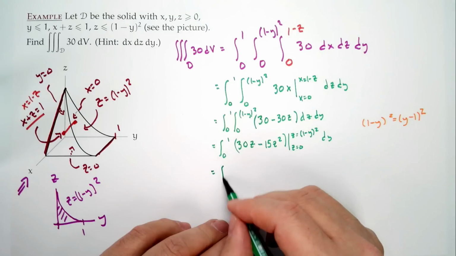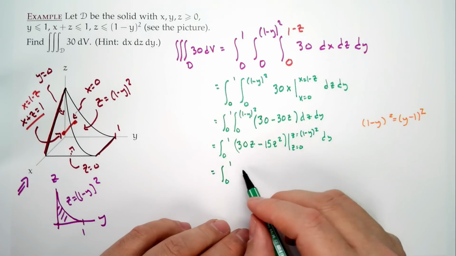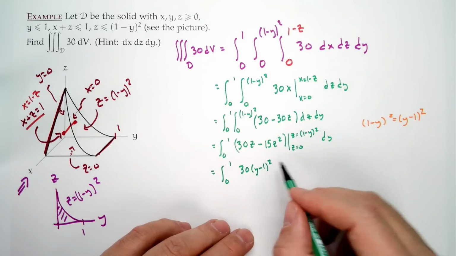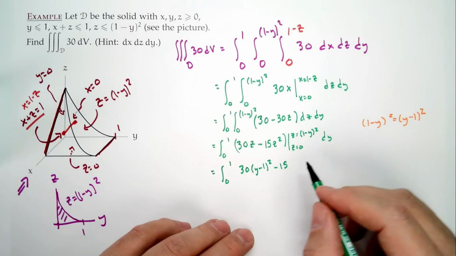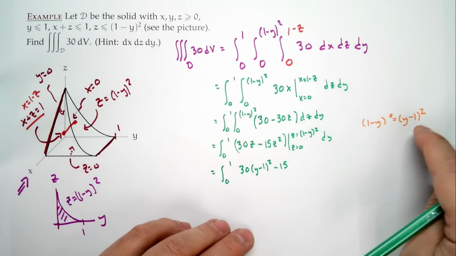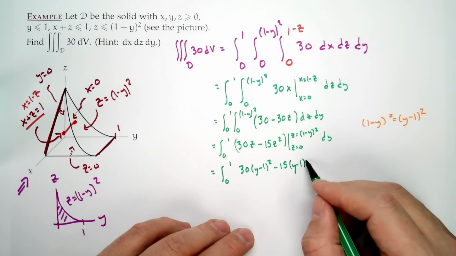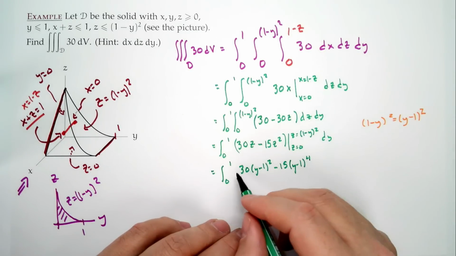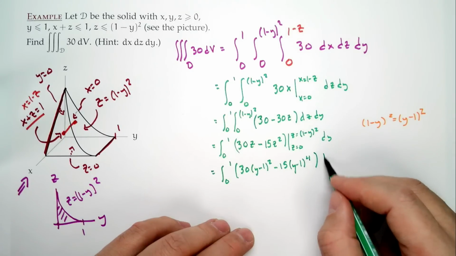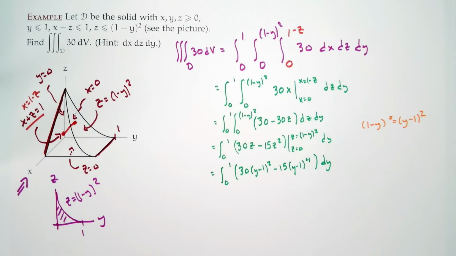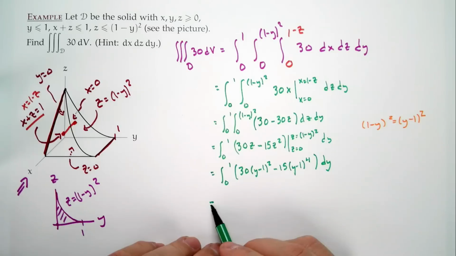So if we do this, we'll get 0 to 1, 30 times y minus 1 squared minus 15 times y minus 1 squared squared, which is y minus 1 to the 4th. Now we could, of course, multiply this out, but we love ourselves too much. We don't want to put ourselves through that, so we're not going to.